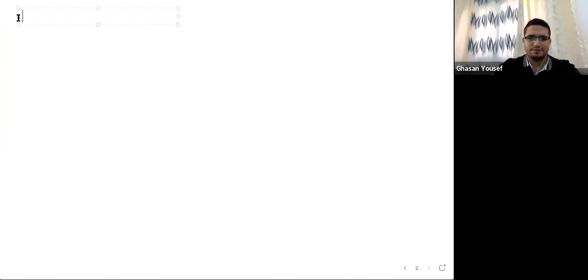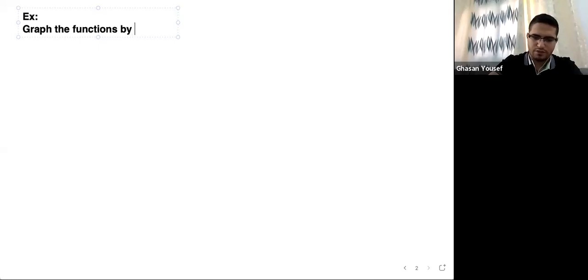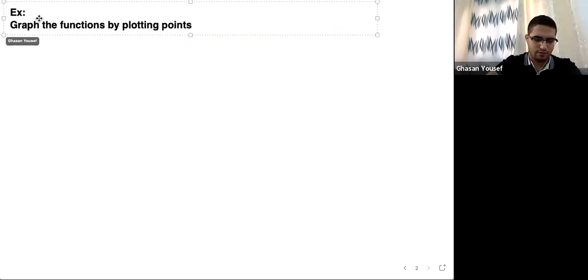So example: graph the functions by plotting points. This is the example, graph the functions by using plotting points. The first function is f of x equal x squared.